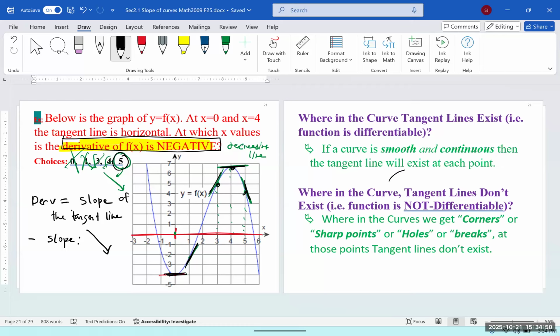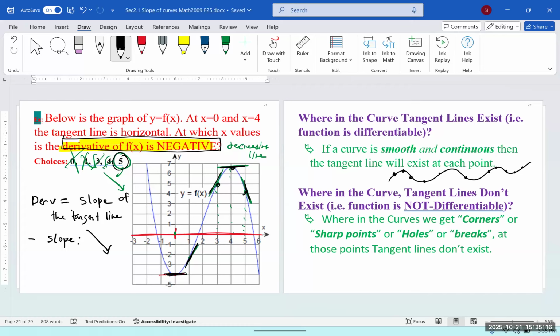If you have a smooth curve, anywhere you can have the tangent line, anywhere you can have the slope. You can have the slope here, or there, or there, as long as it doesn't have a problem. So where does it have a problem, and what type of problem am I talking about?